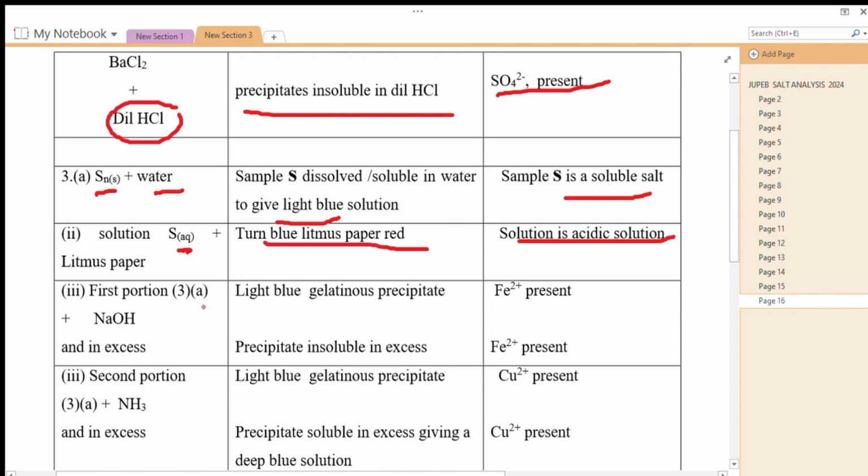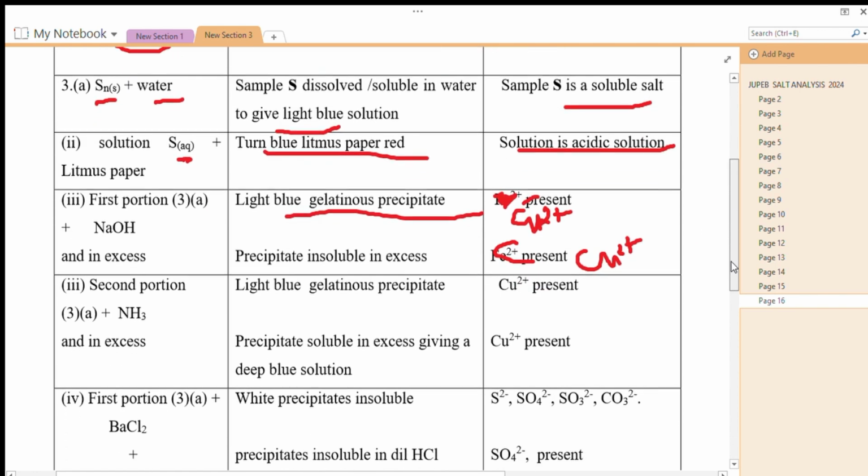When you take a first portion and add sodium hydroxide, you're going to have a light blue gelatinous precipitate, which shows that, beg your pardon, Cu2+ is present, not Fe. Thank you. If it's in excess, I'm going to have an insoluble precipitate. That means your Cu2+ is also present.